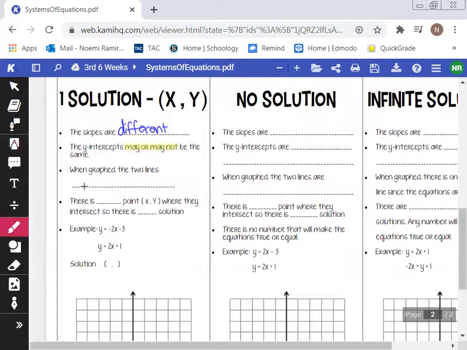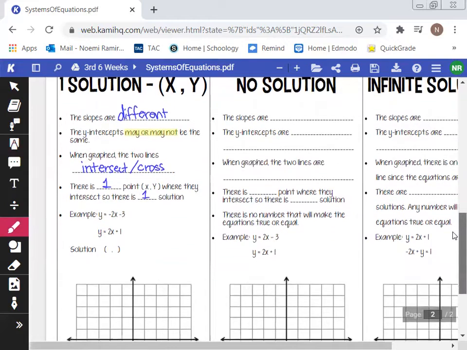But when graphed, the two lines will intersect. They will cross one another, meaning that there is one point, one ordered pair where they intersect, so there is one solution.